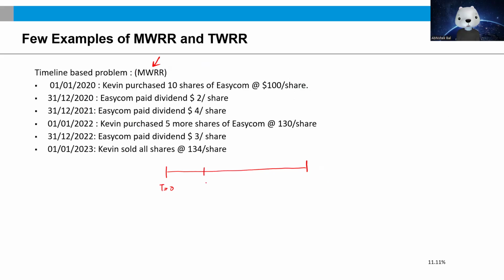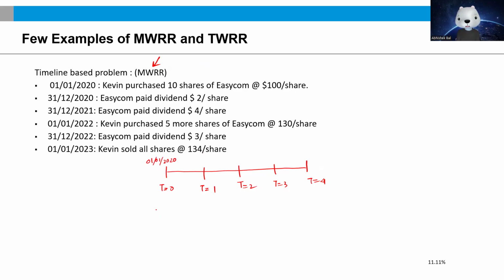We have 4 timelines. So we are given the problem of an investor known as Kevin. And the time t equal to 0 is the one where it is 1st of January 2020.